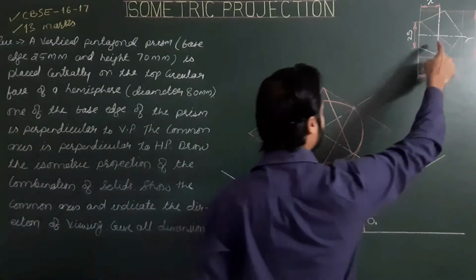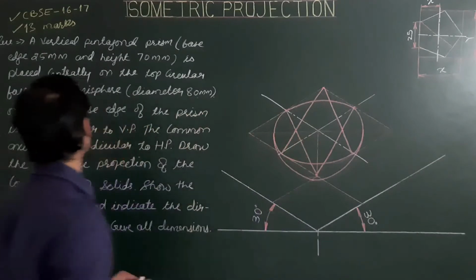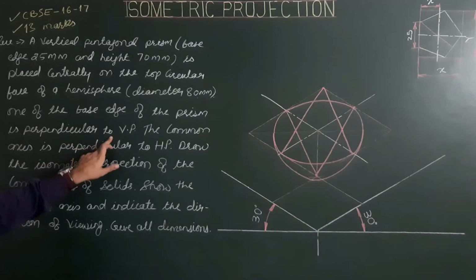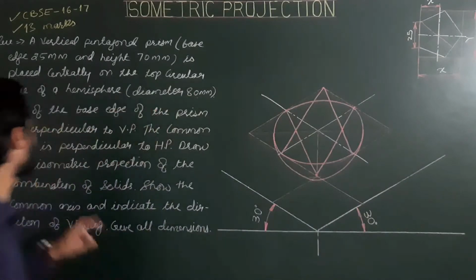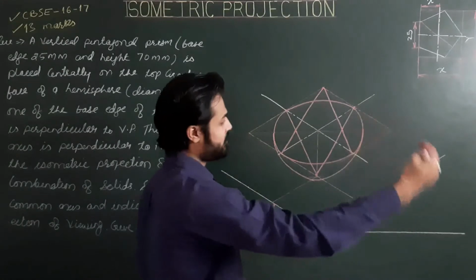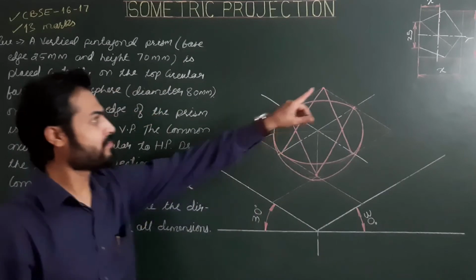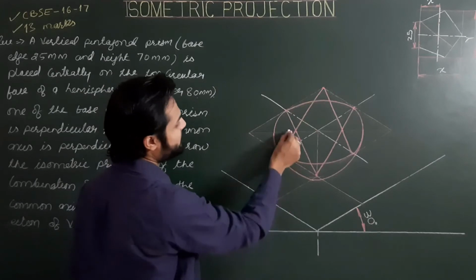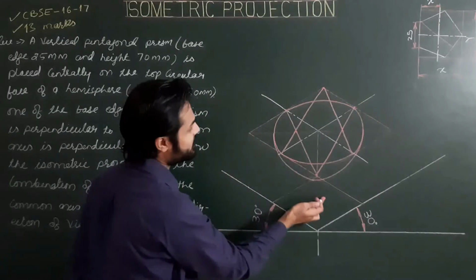Then from this point we are required to project this pentagonal base. Now in the problem statement, one of the base edges of the prism is perpendicular to VP. So an edge of its base, this is the first base side, is perpendicular to VP. Now for this direction, if you are observing from this direction, this will be the vertical plane, and the first side base edge is perpendicular to VP, which means that the base edge or base side is to be projected along or parallel to the second isometric axis.